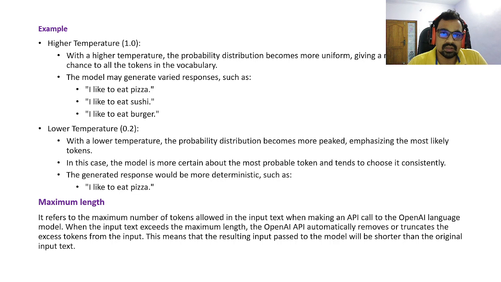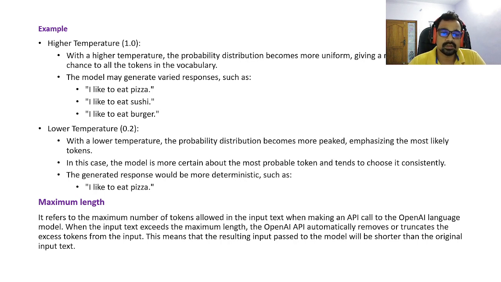Since we have a higher temperature, it will look at all the probable tokens. On the other hand, when you set a lower temperature, it will always look for the most probable word, the one with the highest probability. So it will pick pizza. I'm just using the probability values as an example. If pizza has the highest probability and you set a lower temperature, then pizza will be generated each time you run the question. That's what I said: lower temperature will always generate more deterministic and constant responses.